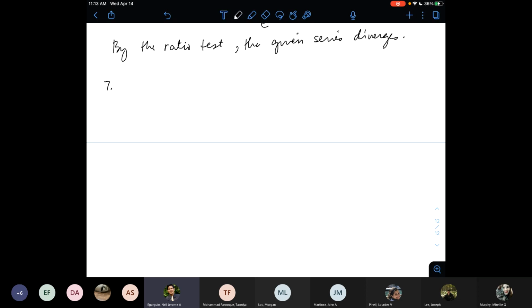Okay, so let's see. The other question is this, which is quite interesting. We need to check if the series of 6 times (k factorial) squared all over (2k) factorial converges or diverges. Now, here's where you will see the utility of the grouping symbols. Grouping symbols are very important because they remove the ambiguity in the given problem.